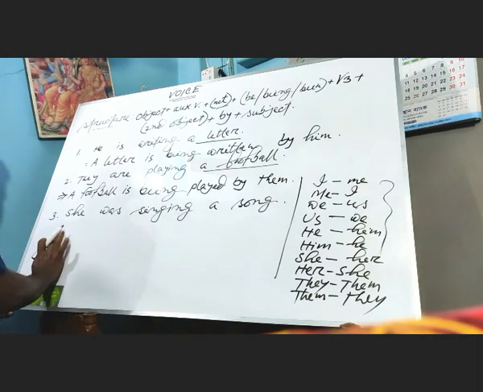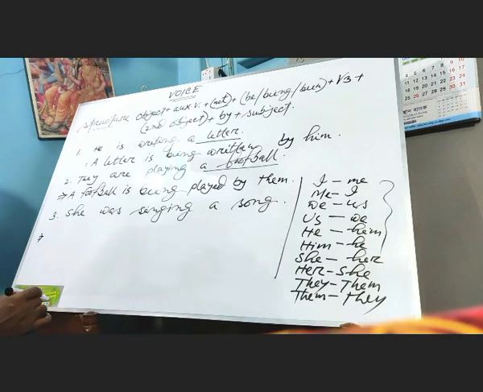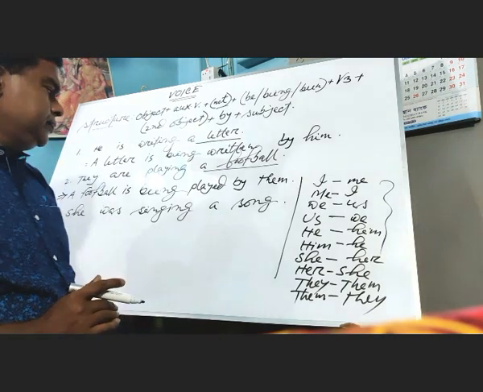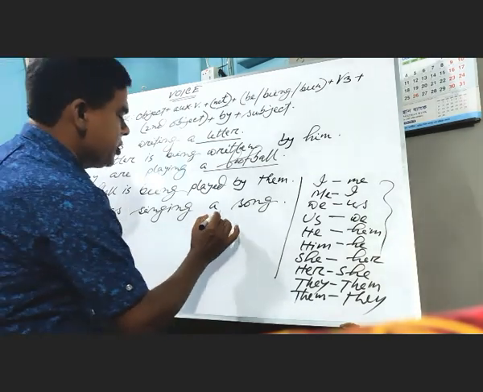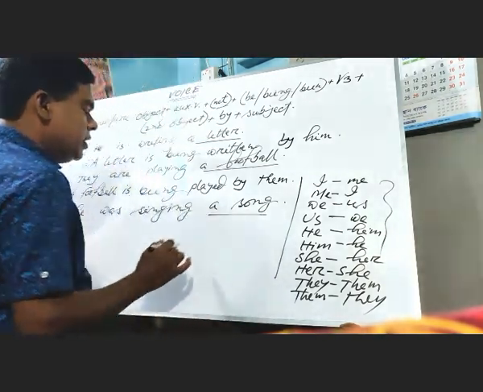And now we'll try to do the third voice changing. Again I am saying, student, what is the object here? You can say, sir, the object is a song. Why is this the object?